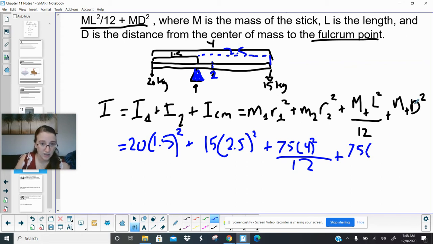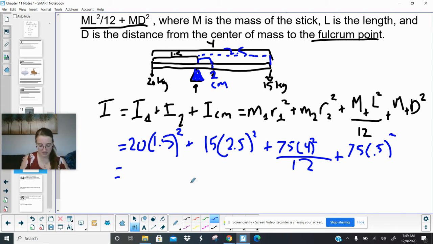The distance here is the distance, lots of labels on this picture, from the center of mass, that's not centimeters, that's center of mass, to the fulcrum point. What is that distance again? You should have used 0.5. 1.5 to 2, that's a distance of 0.5. So again, technically not hard. I hope it makes sense where these numbers come from. You just really have to keep them straight, go slow, and double check.